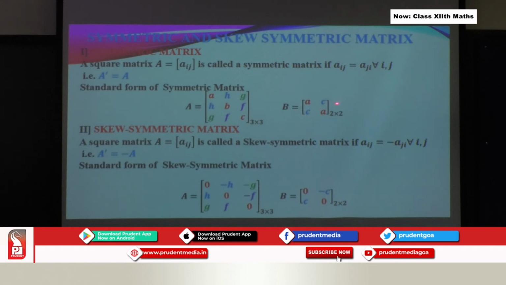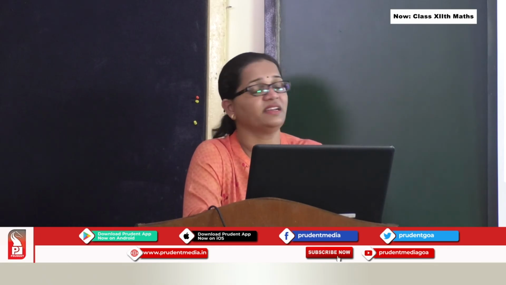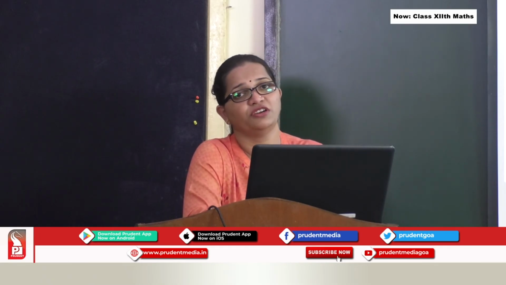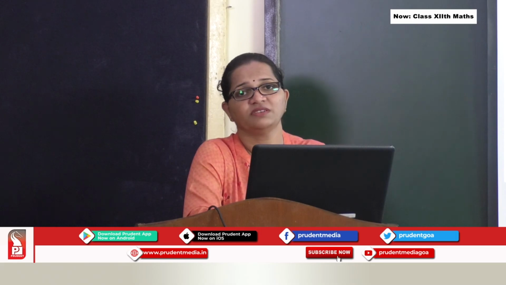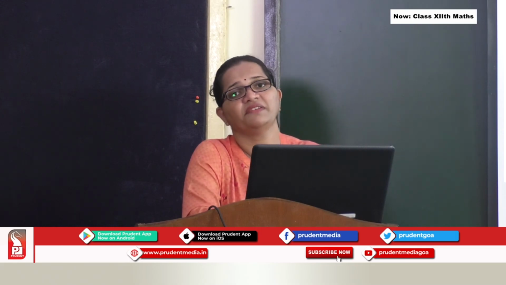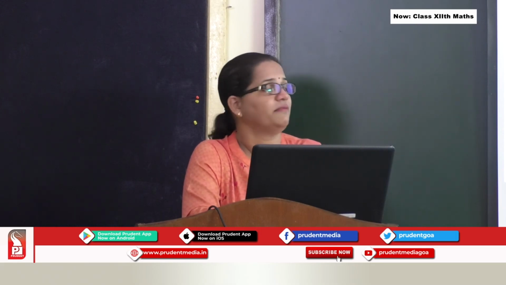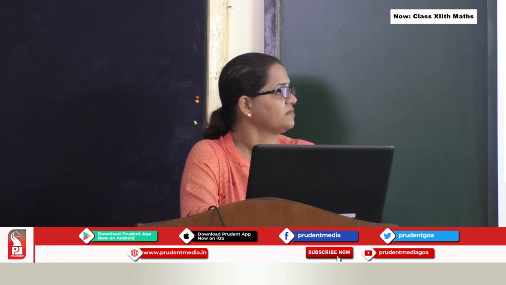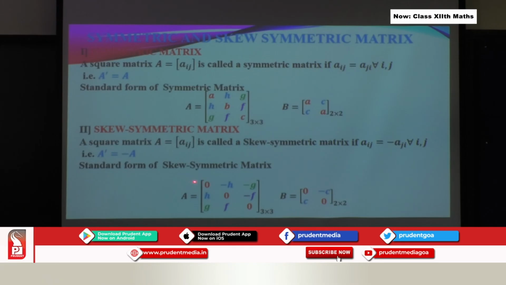Along the minor diagonal, both the entries have to be the same. So if you have this pattern in a square matrix of order 2, by direct observation you can say the given matrix is a symmetric matrix. Now look at the standard form of skew symmetric matrix. Look at it. Along the principal diagonal, all the elements are 0.